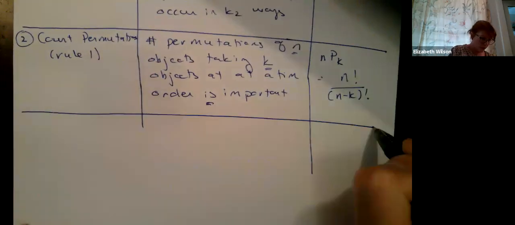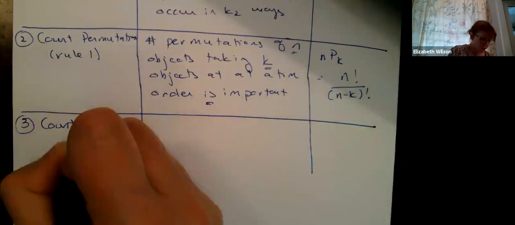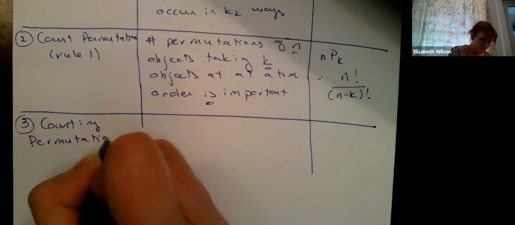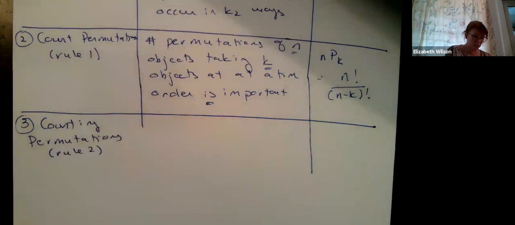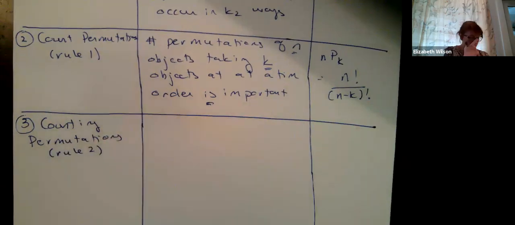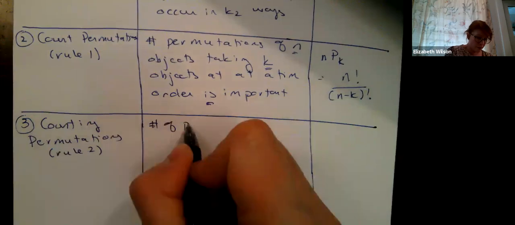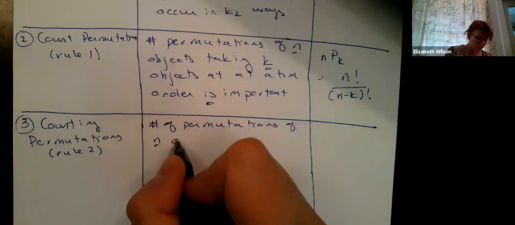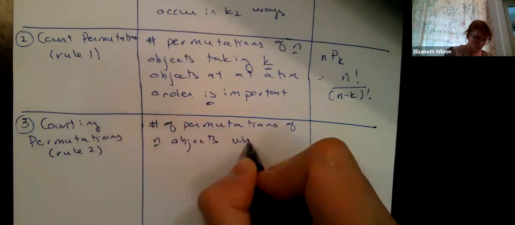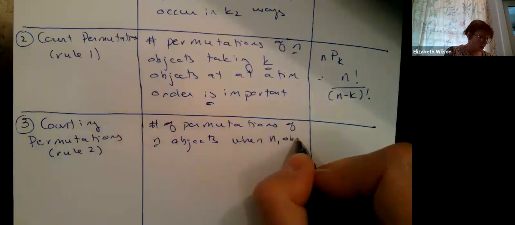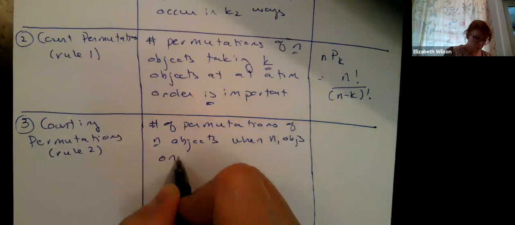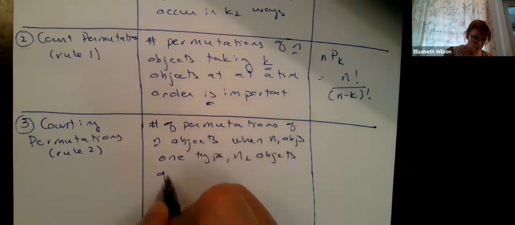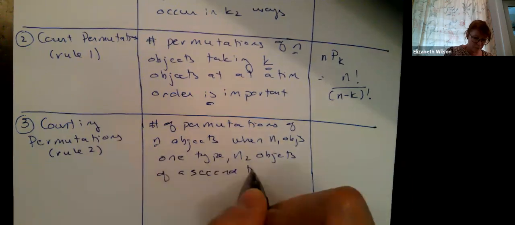Our rule 3, which was also counting permutations. This is our second rule for counting permutations. In this case, we're doing the number of permutations of n objects when we have n1 objects of one type and n2 objects of a second type, and so on and so forth.